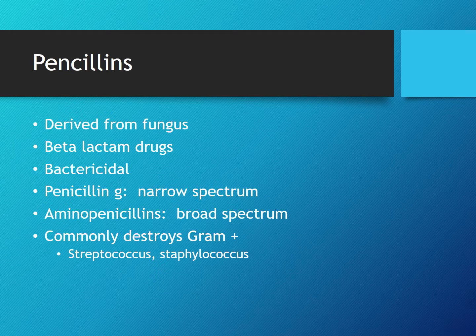Okay, so just a little bit about our penicillins. They're derived from fungus. We do call them beta-lactam drugs, and that's because they have a beta-lactam ring that is essential for antibacterial activity. So they have to have that so that they work correctly.